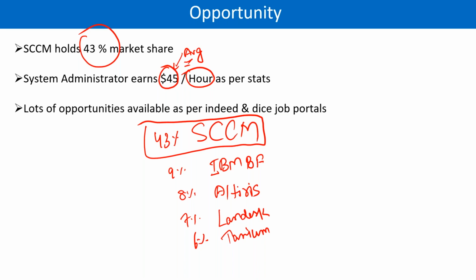In Asia, you can't get this figure, in India or Asian countries, but in Europe, Australia, Canada, and the Americas, people are getting 45 or more than that. I have students who are earning close to 45 US dollars per hour, working on an SCCM profile for around 2 years.